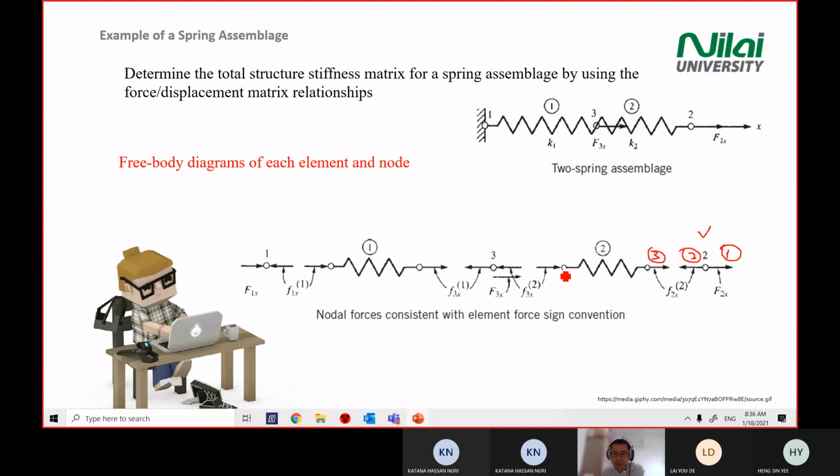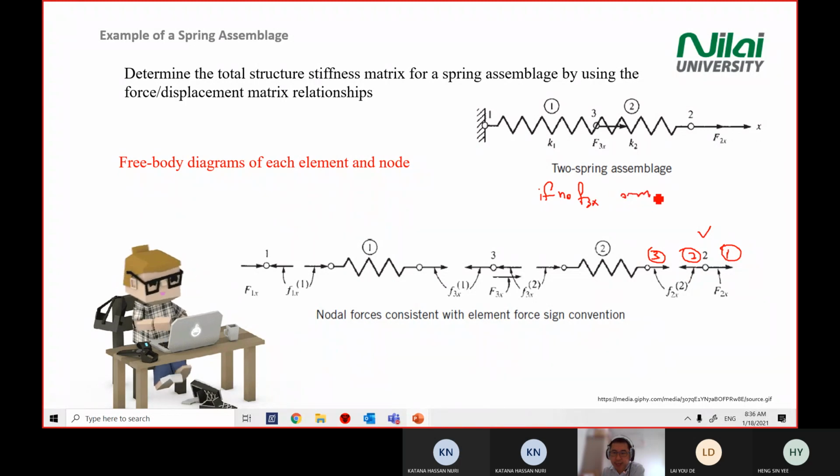Then you continue with this element. This one is a little bit complex. We do not know the direction of this one. But you look at the diagram. Now, if there's no F3x, then the direction will be balanced.